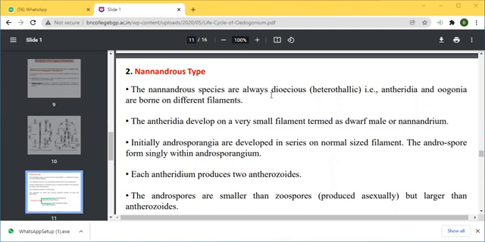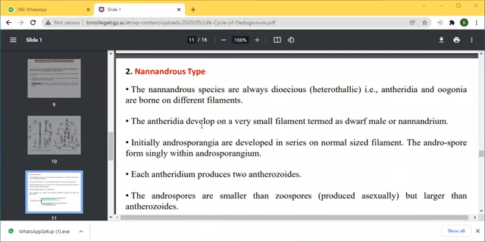What is the meaning of dioecious? The Antheridia and Oogonia are born on different filaments. Antheridia develop on a very small filament. Very careful, listen, very important point: the Antheridia develop on a very small filament termed dwarf male or nannandrium.